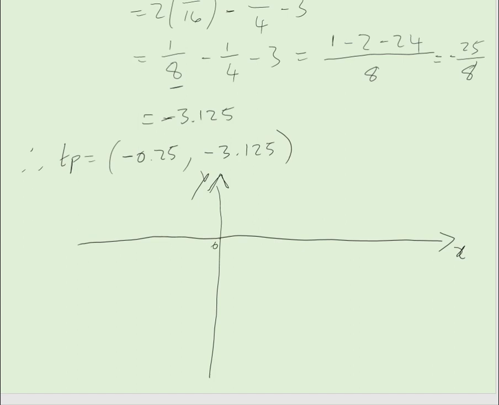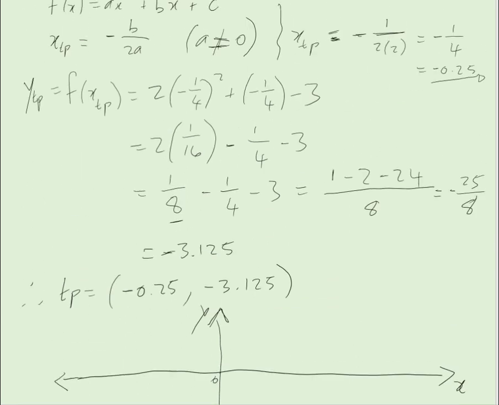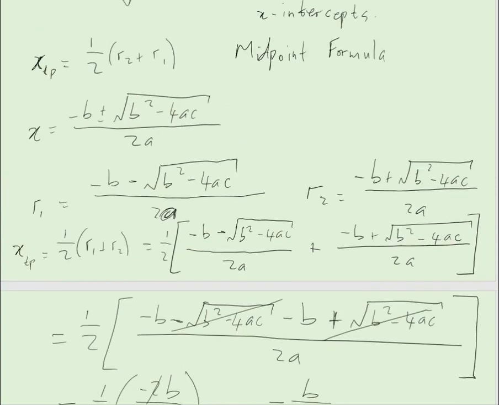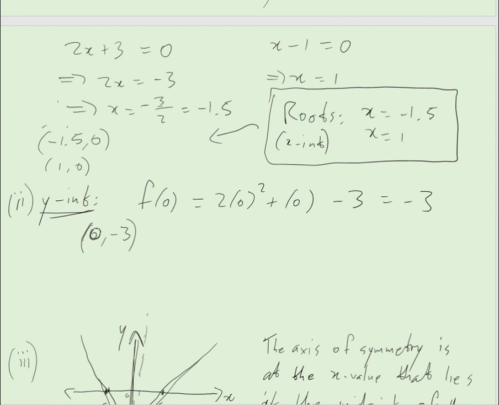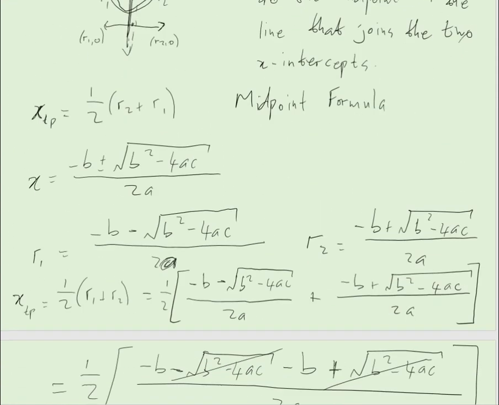The y-intercept was at negative 3, so (0, negative 3). So this is on the y-axis. Our x-intercepts were negative 1.5 and 1. Let me just double check that. Yes, negative 1.5 and 1.